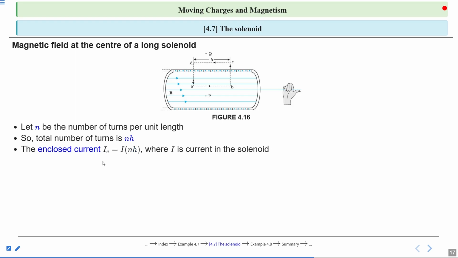The enclosed current: what is the amount of enclosed current? From each winding, the current flowing is I. So if nH is the number of turns through this section, the enclosed current in this section will be I times nH. Got it?